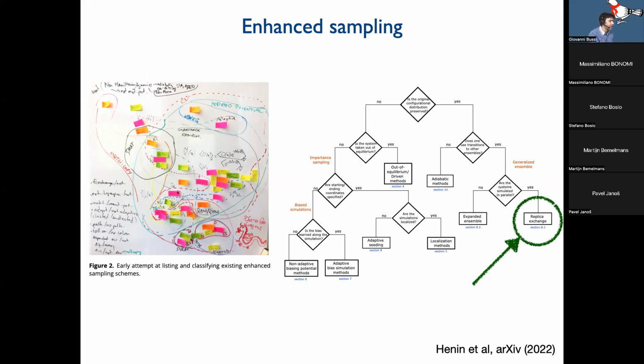But it is a useful guide through the zoology of methods that have been developed in the past 20 years. To put on the map what we're going to discuss today, it's exactly this, replica exchange methods. It preserves the original distribution, and one uses transitions to other ensembles, and then these ensembles are simulated in parallel.